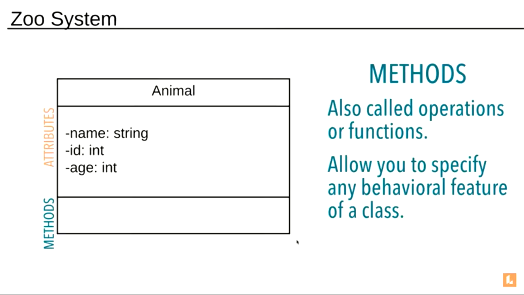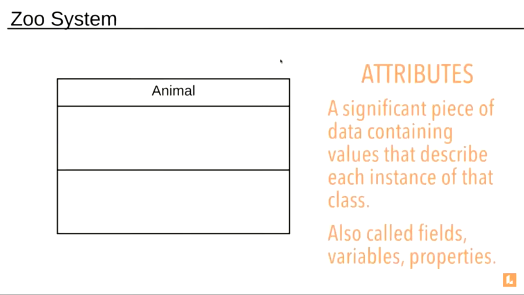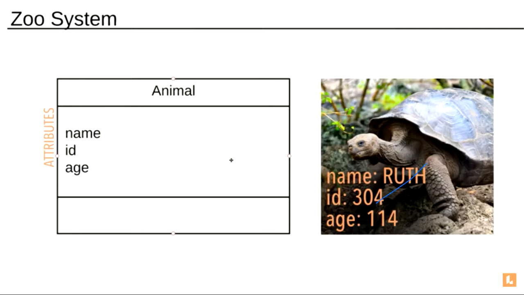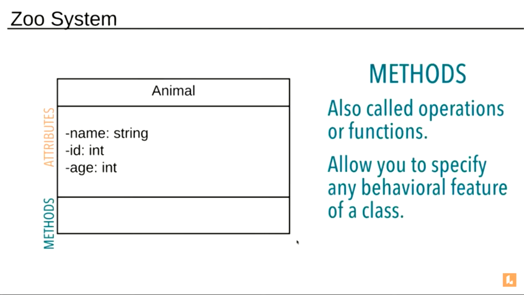Suppose I want to rename this animal as say XYZ. Whatever actions or functions you want to perform will be represented in the methods, so you can make a rename function, just like in normal classes. So these are the methods.